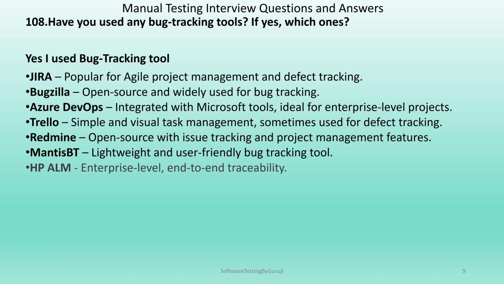By using this Jira bug tracking tool, we manage our project requirements, and also if we find a defect, then we report that bug or defect using Jira. So in this way you can select your bug tracking tool and give the answer. Now let's move to another question.